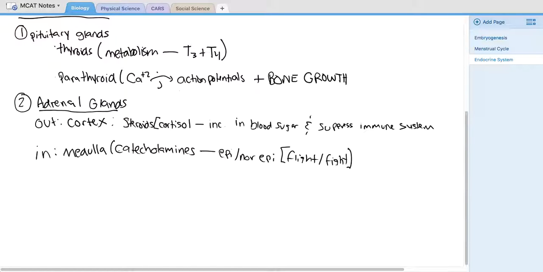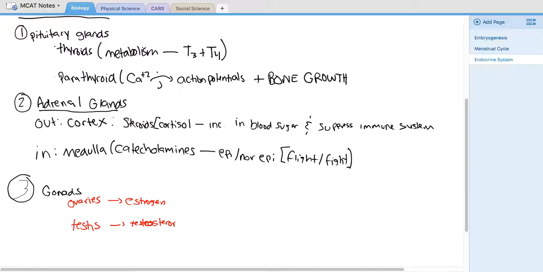Okay, next you're going to have the gonads. Actually, I'm going to start switching my colors now. In the gonads, you've got ovaries and testes. Ovaries will be estrogen. Testes will produce testosterone.